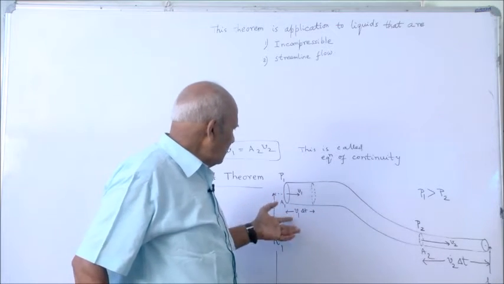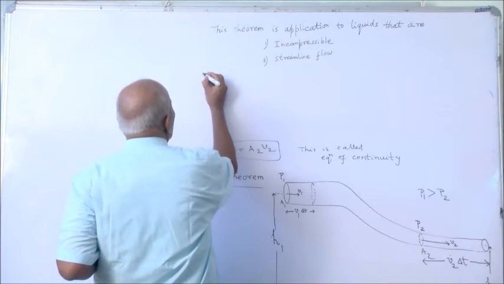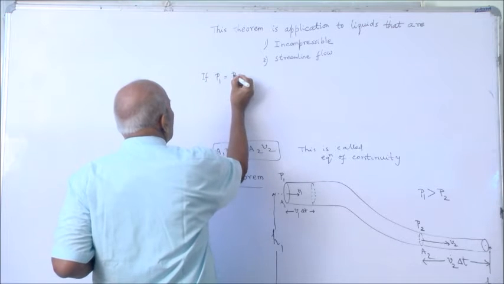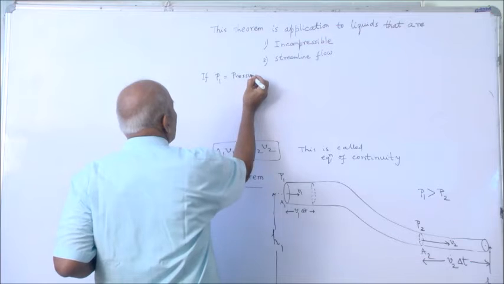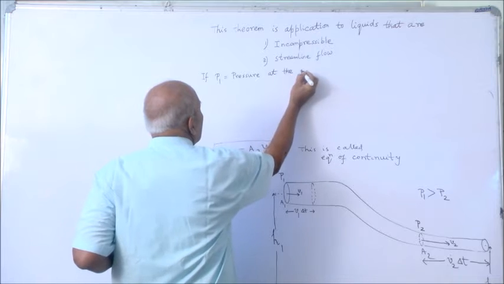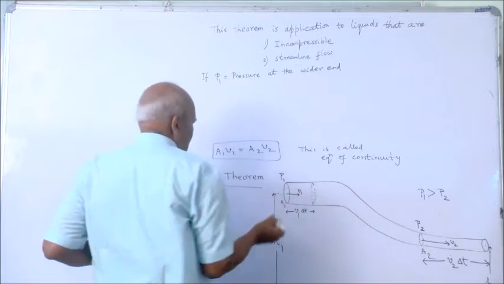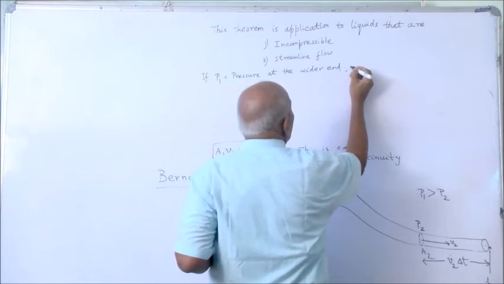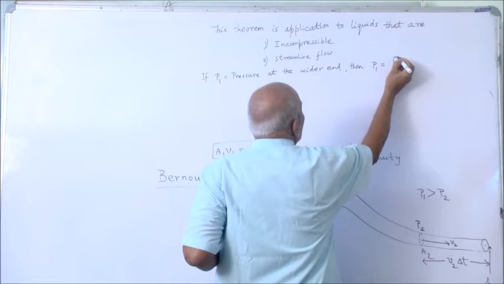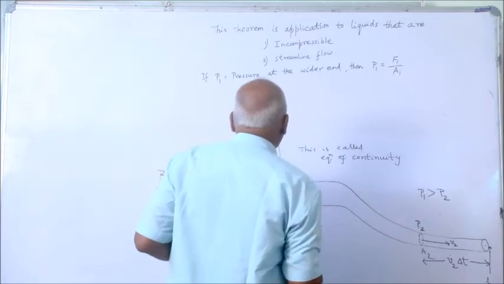So, here what we find, suppose pressure P1 is equal to pressure at the wider end, then P1 is equal to F1 by A1, force by area is your pressure.